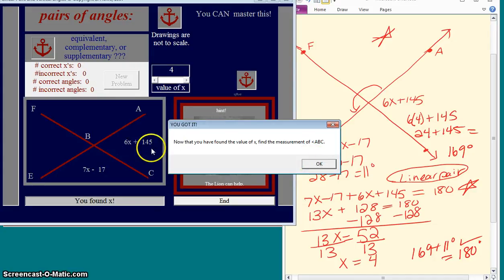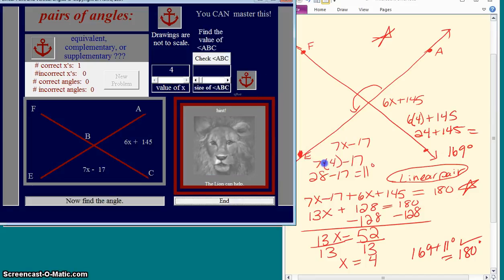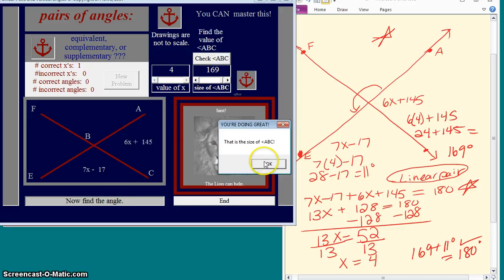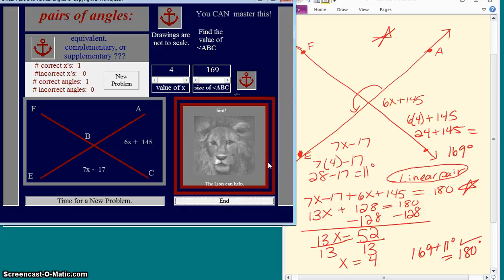That's this guy right here, and I know that that angle was solved over here on paper as 169. Click OK, and I'm just going to click on the right arrow until I get to 169. And I want to check angle ABC, and that is the size of ABC.